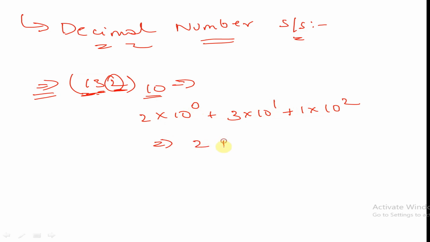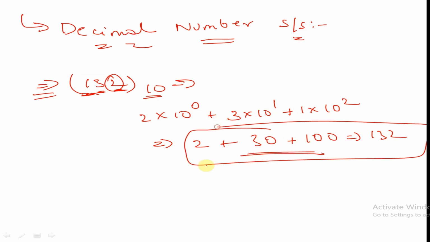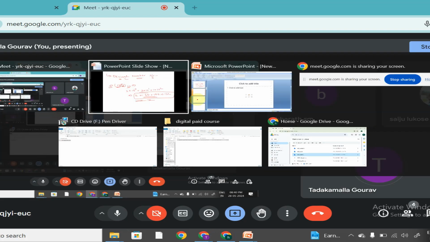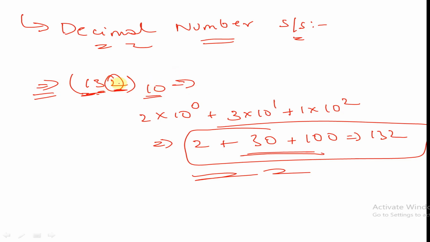That means 2 plus 30 plus 100, which is 132. This is basic math. I'm just multiplying each digit with the power of 10.